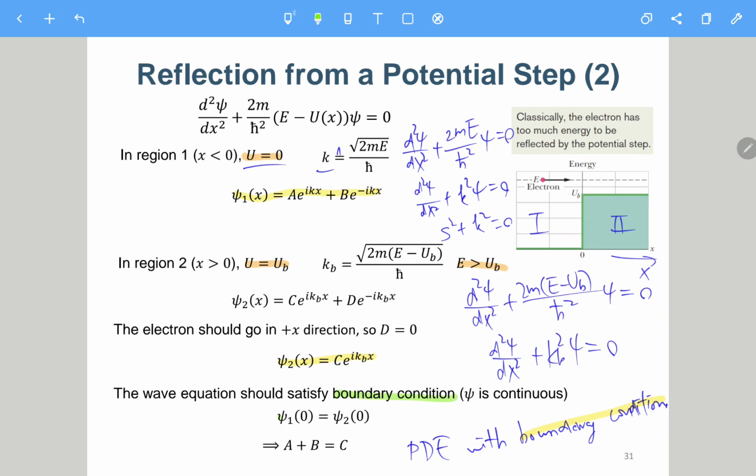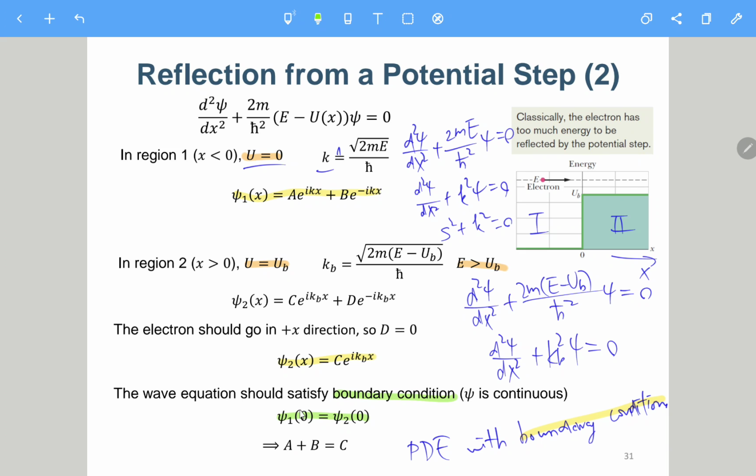The first boundary condition is that phi is continuous. The wave function should be continuous at the boundary, which means when we plug in x to be 0, the wave function in region 1 and in region 2, on the left side and on the right side, should be the same.